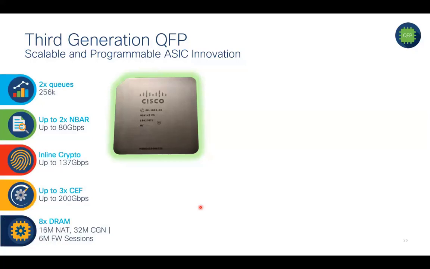We have deep packet inspection capabilities, where up to 80 Gbps throughput can be achieved within one single chip. You have inline crypto up to 137 Gbps with the engines we have in there for 1400 byte performance. CEF performance is also doubled, almost 200 Gbps from one single ASIC. Talking about sessions, I'll hold that talk for a few minutes because we are going to get deeper there.